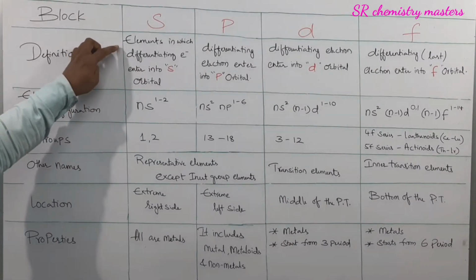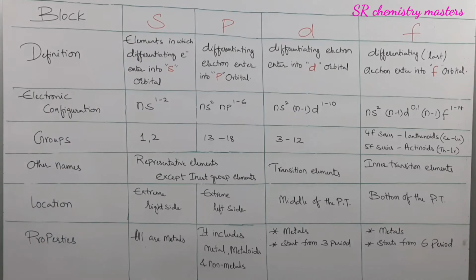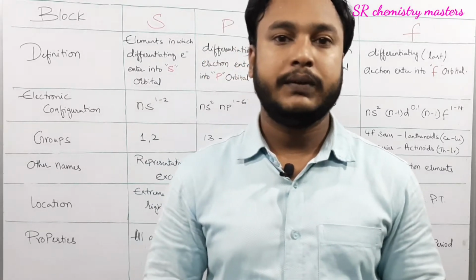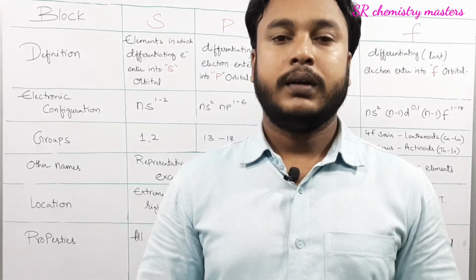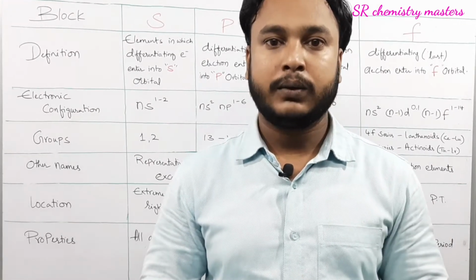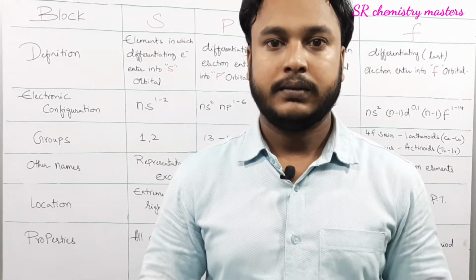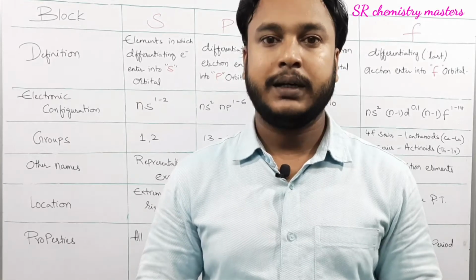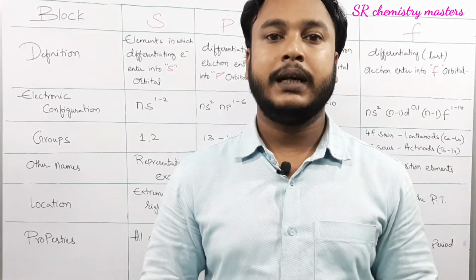The elements in which the differentiating electron enters into the s orbital are known as s block elements. Here the thing which we have to see is the differentiating electron. The differentiating electron is the electron which is making the difference. If we see the elements, for example carbon and nitrogen, they differ by one electron.